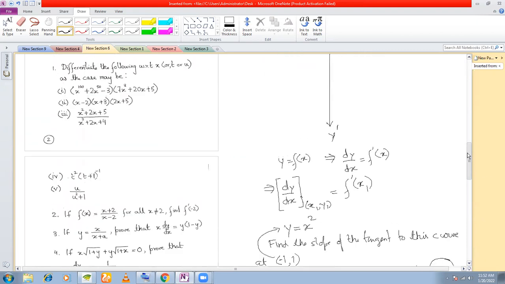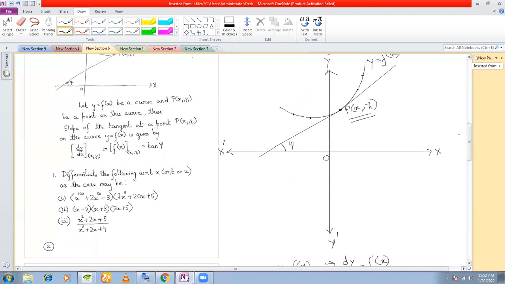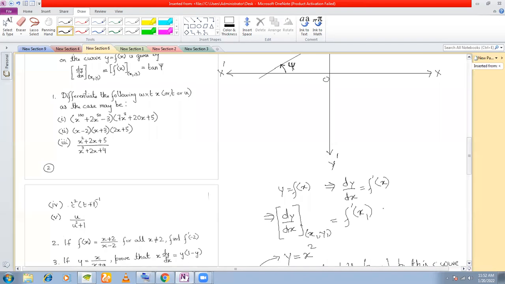And now, from the definition of slope, if you remember in class 10, I told you the definition of slope: the angle made by the tangent with the positive direction of the x-axis. So if psi is the angle made with the positive direction of the x-axis, then this slope must be equal to tan of this angle.